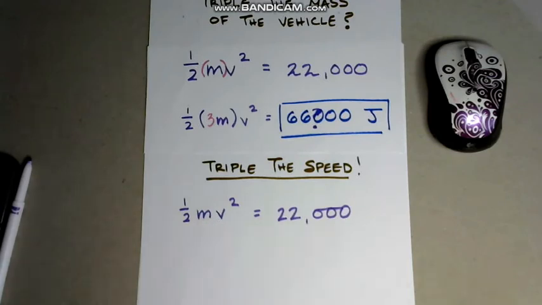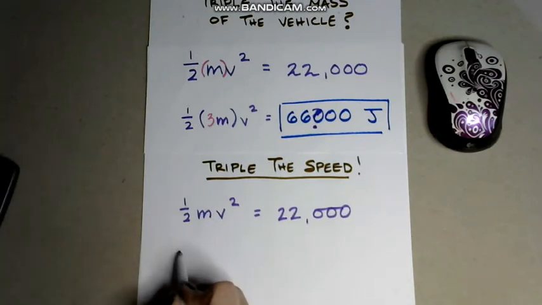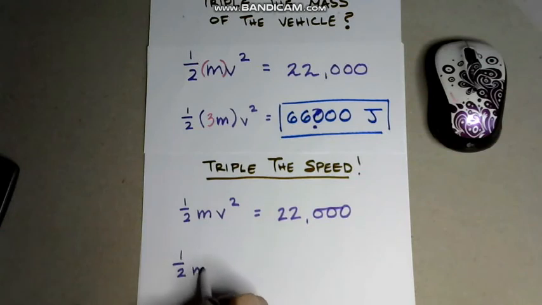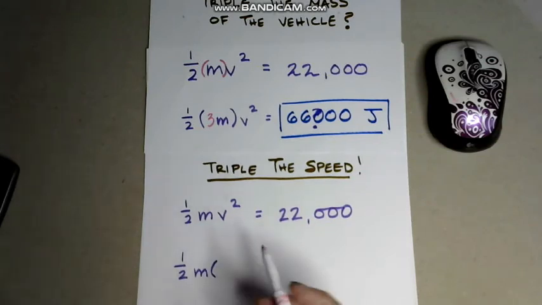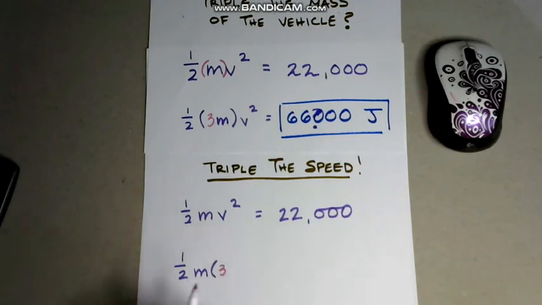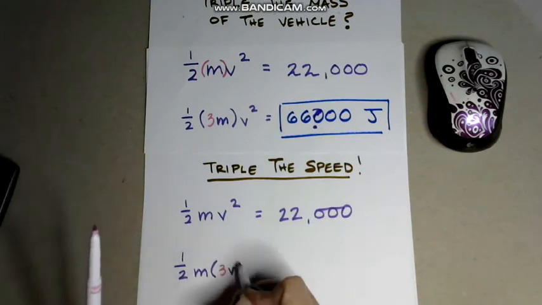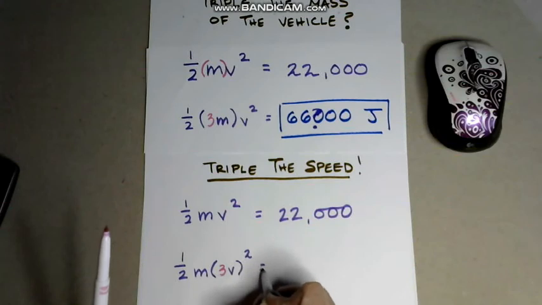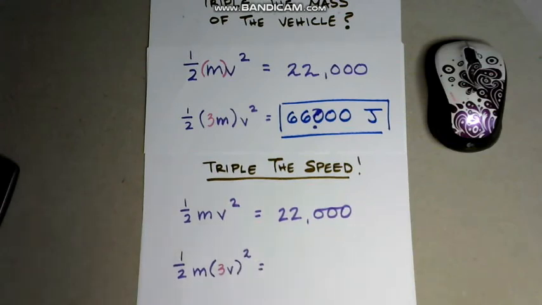Instead of putting in just a plain v, this time I'm putting in 3 times v. What's my answer? I'm going to go ahead and make this a multiple choice question, so answer that one now.